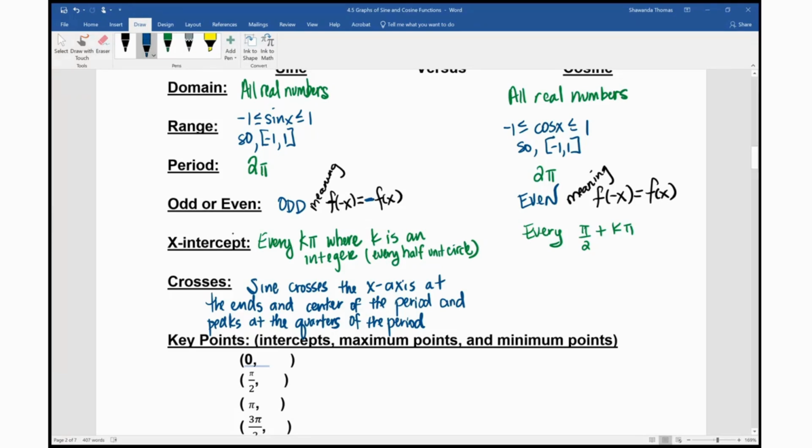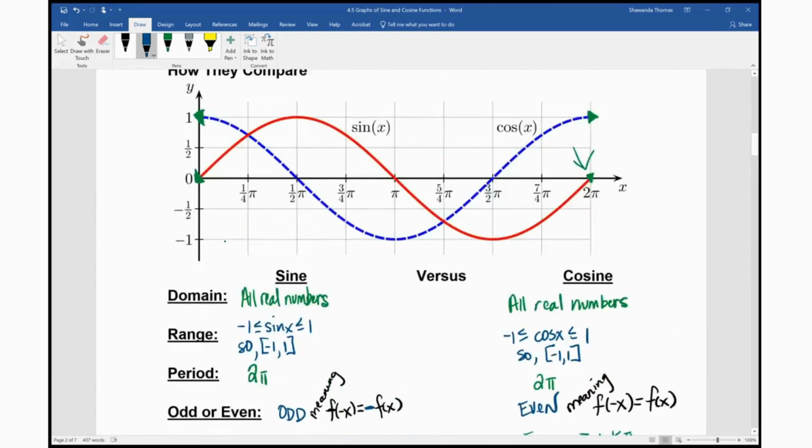Notice that cosine, in blue here, is opposite of what we said for sine. It crosses the x-axis at the quarters, but it peaks at the ends and the center.